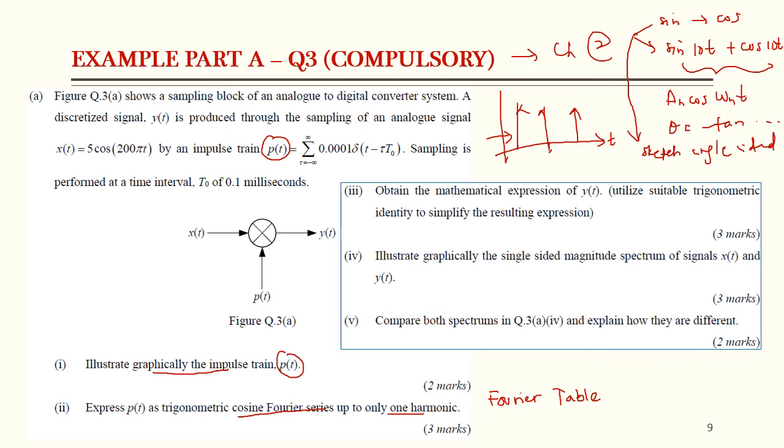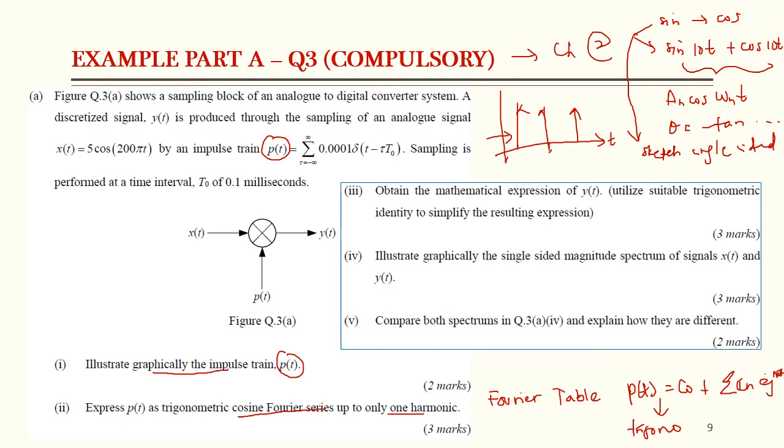So p(t) equals c0 plus the summation of cn e^(j n omega t). Please refer back to this exponential function. Once you have the exponential function, then you can convert this into trigonometric form.